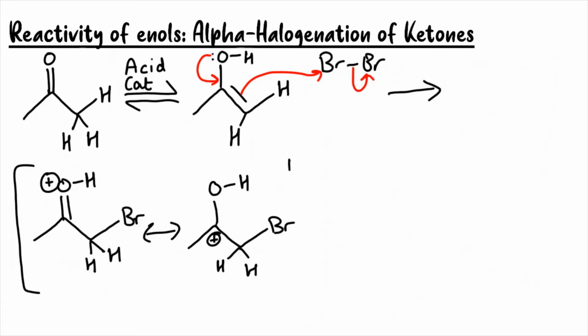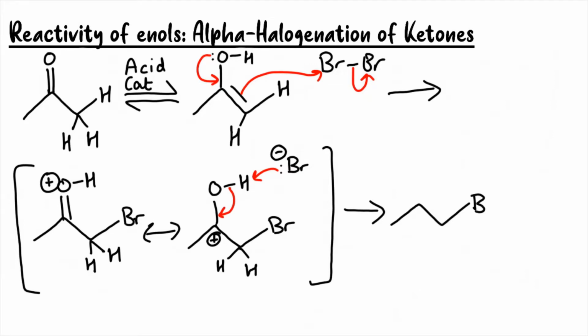Now this second resonance form then loses the hydrogen proton, which then reforms the carbonyl group, and the overall reaction is an alpha substitution. So we've replaced one of the hydrogens of the ketone with a bromine.